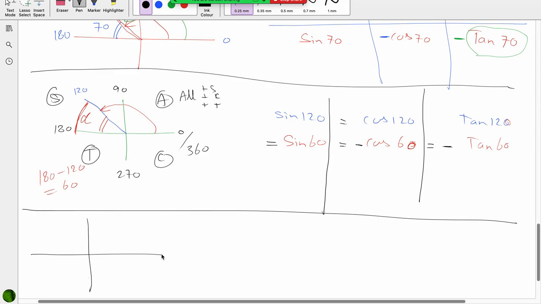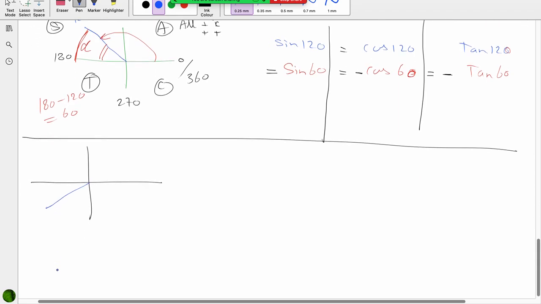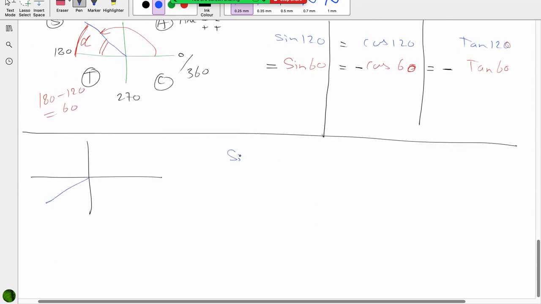Okay, now any angle in the third quadrant. When you get a choice, that actually makes you confident that you choose anything.